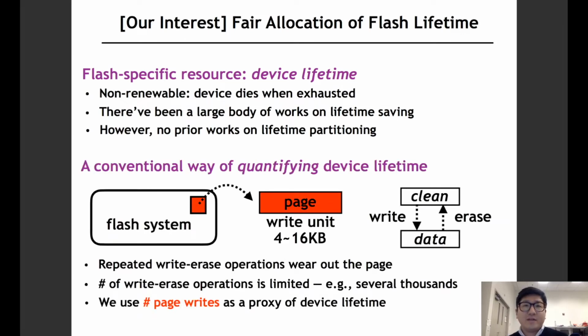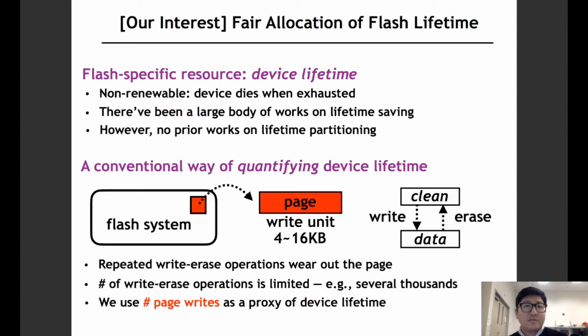Before going ahead, let me introduce a conventional way of quantifying device lifetime. A flash memory consists of a lot of pages, which is a base write unit, normally ranging from 4 to 16 kilobytes. Since data overwriting is not allowed in flash memory, the data can be written only into a clean page, and the page must be erased to update the data.